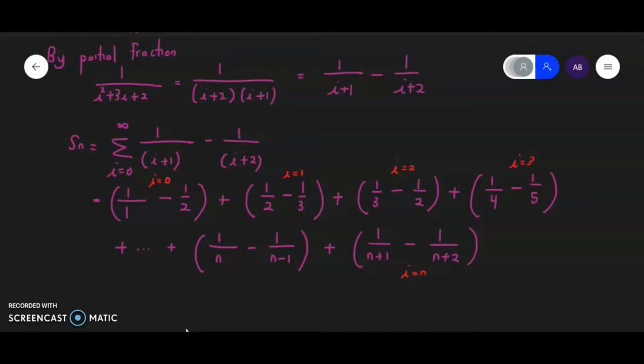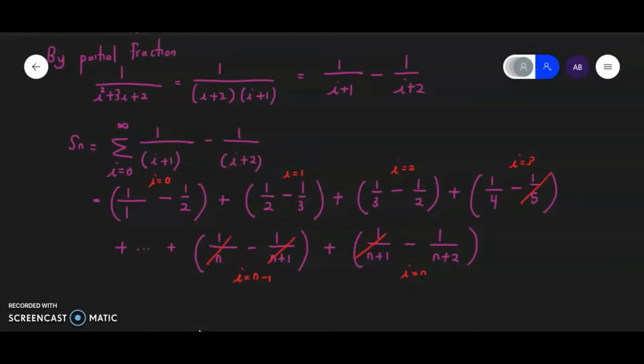So what happens if I don't find n minus 1? I will have a term that never cancels out. So I need to find the term when i equals n minus 1. It should be a positive sign. I need it to cancel out with this term here. Now this term and this term cancel out.